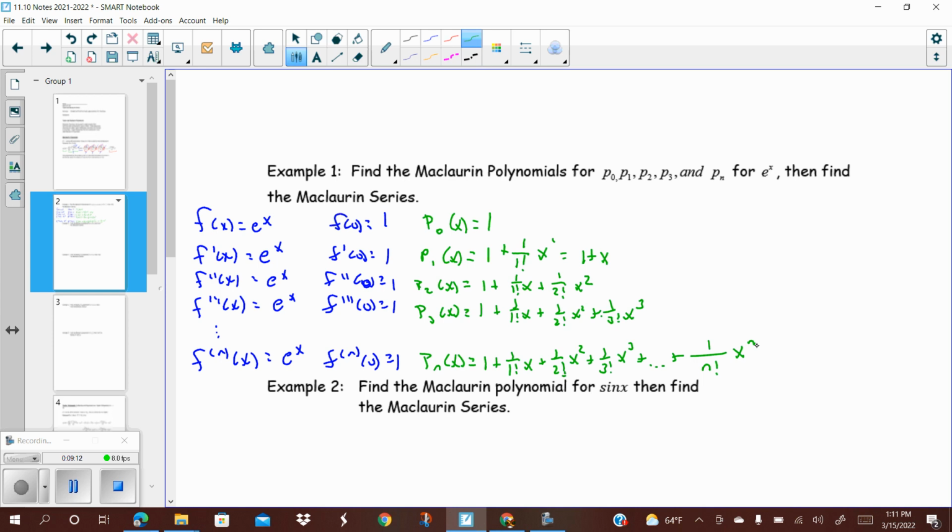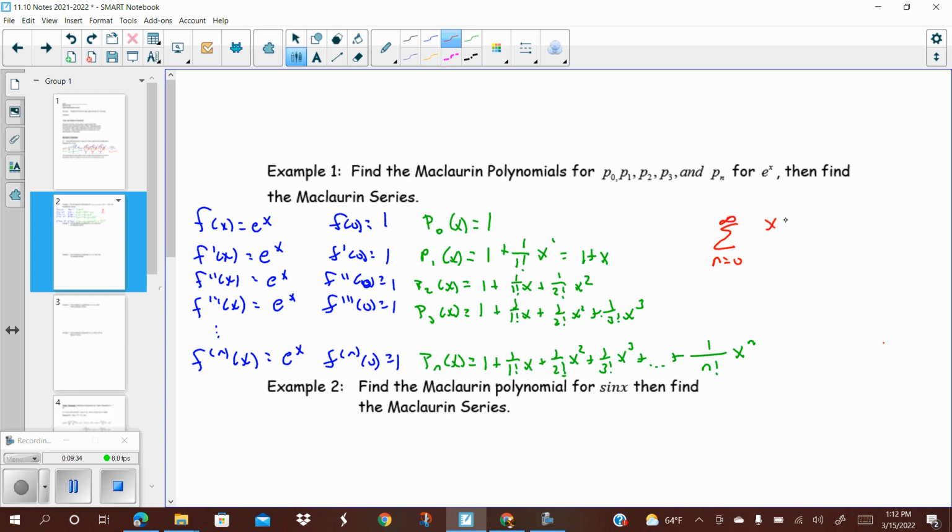And the nice thing about finding the nth partial sum is it gives you the general term so that you can actually write this as an actual infinite series. So the infinite series now becomes the series as n goes from 0 to infinity. Instead of writing 1 over n factorial times x to the n, I'm going to throw the x to the n on top and multiply them.